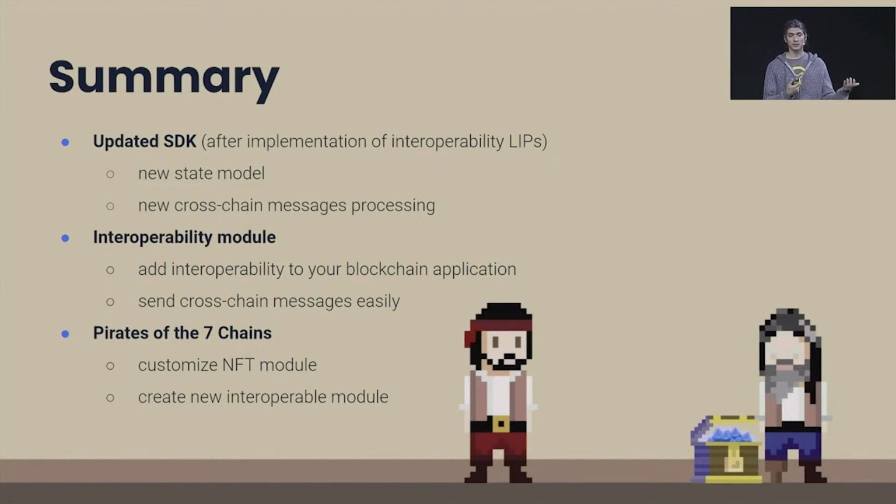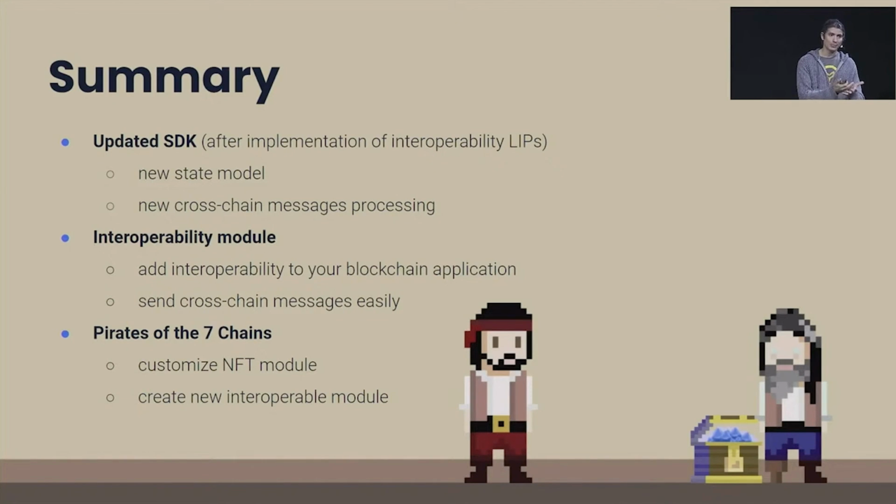In particular, we will have a new state model, and we will also have all the logic that is around the cross-chain message processing. In particular, the interoperability module is an out-of-the-box solution that developers can use. They can register the interoperability module to their blockchain application, and suddenly they have in place everything they need to start interacting with the Lisk ecosystem.